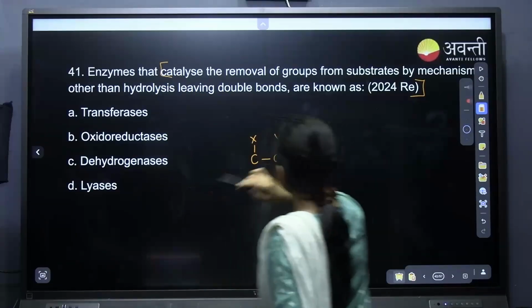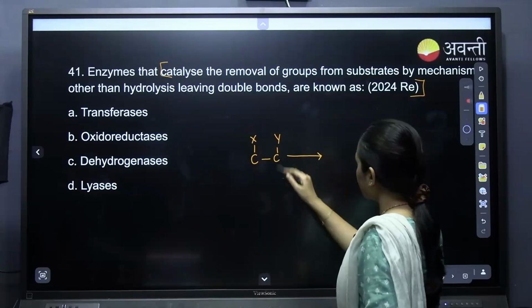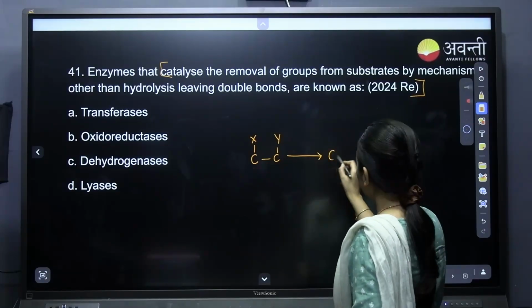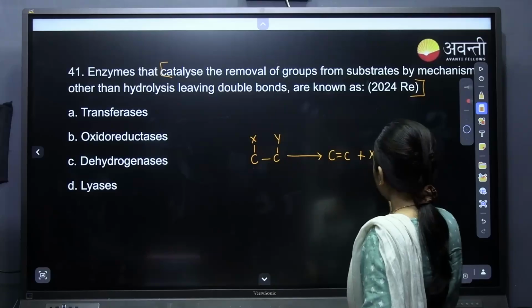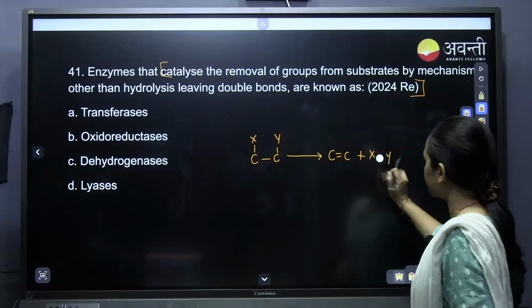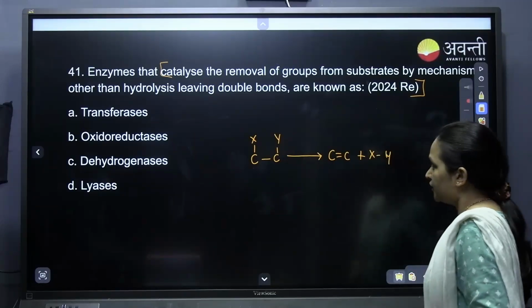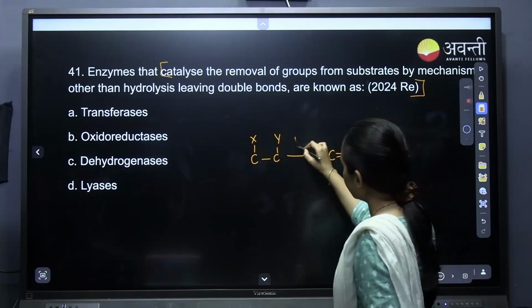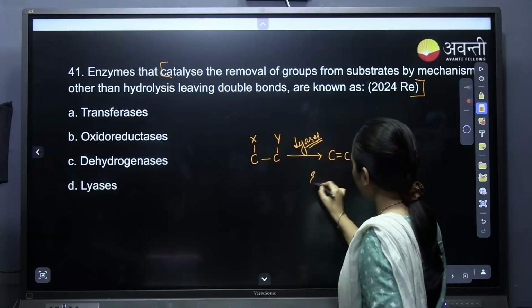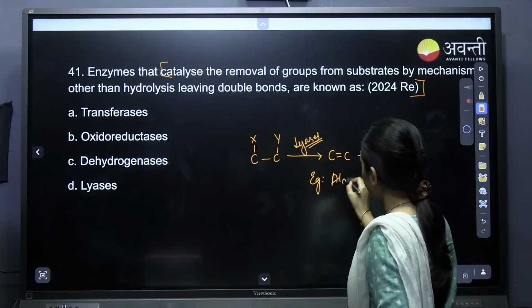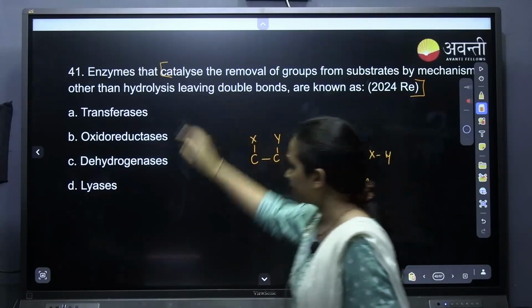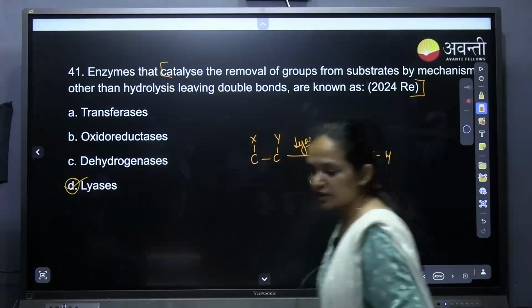Which type of enzyme do you add so that we get the double bond plus X plus Y, or XY, anything is fine. So what is it? It is actually lyases. One example of lyases is aldolase. So this is a direct NCERT textbook statement.